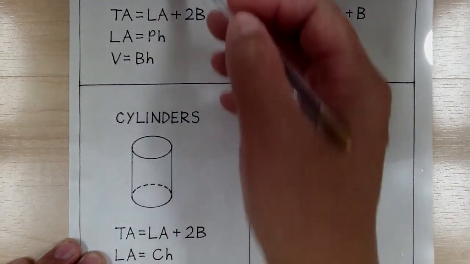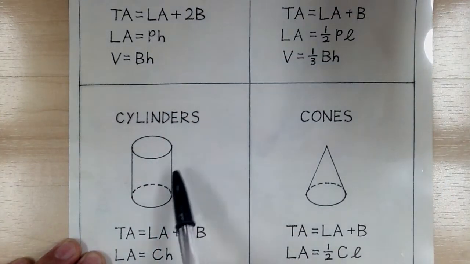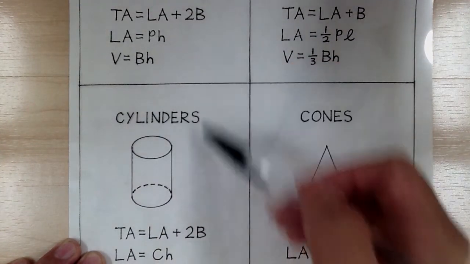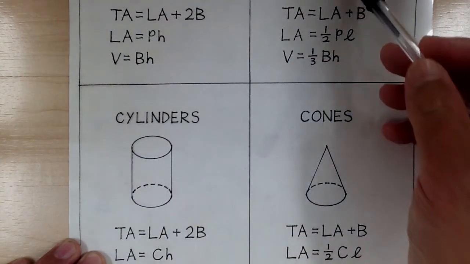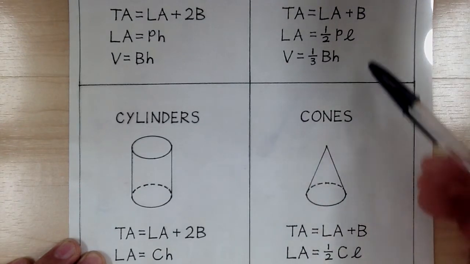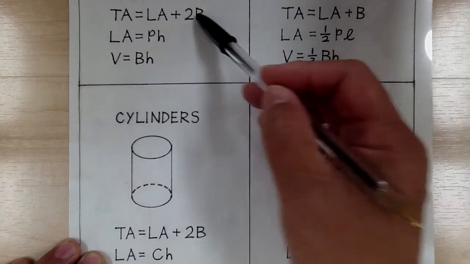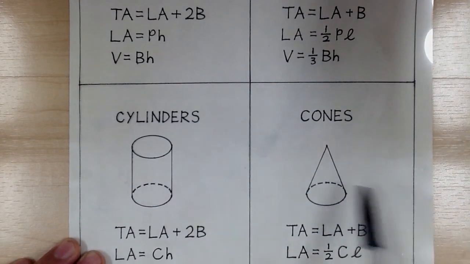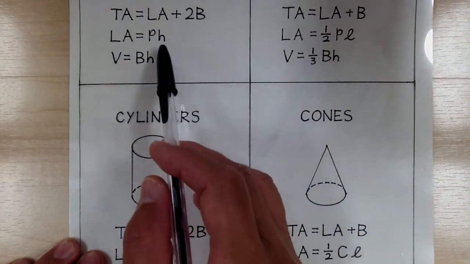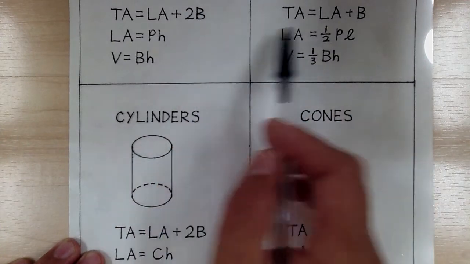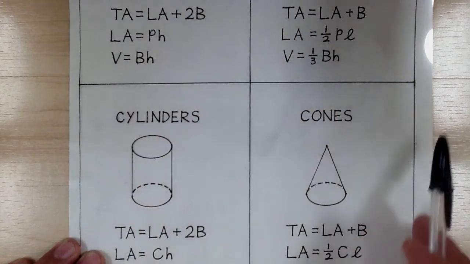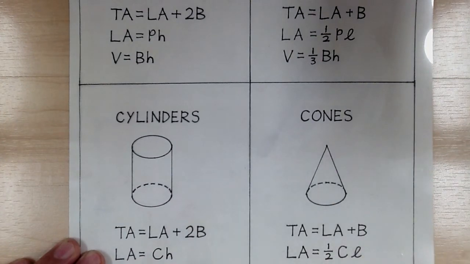So when you have something that goes straight up and down, you're going to have 2 bases, the plus 2b. When you have a pointy top, you only have 1b. See the relationship? Then you look at the LA. This one has 1/2 because it's a triangle, while this is a rectangle.